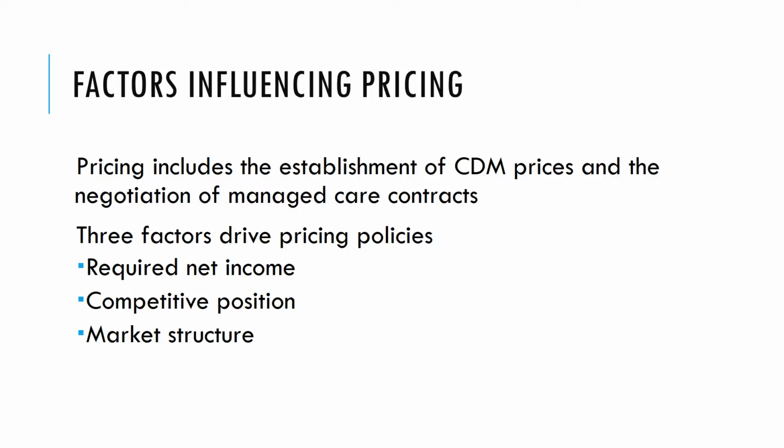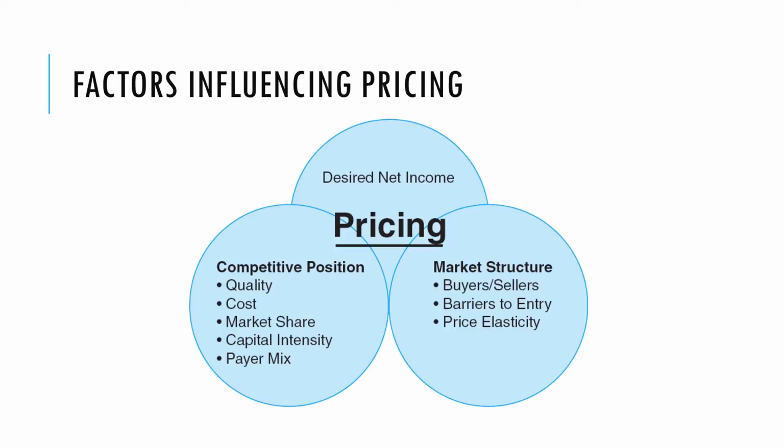Some of the factors that influence pricing are really broken into three areas. It's what is the required net income that the organization needs, what's the competitive position of the organization, and what's the market structure that the organization is operating in. If you look at these factors, they all overlap.